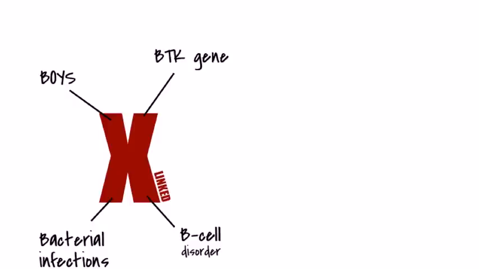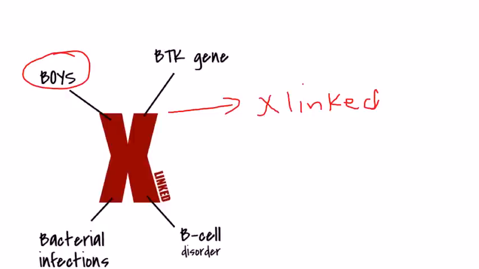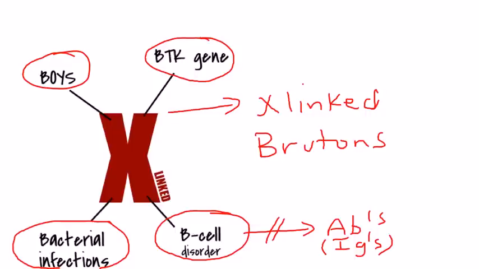In the middle, as you can see, you've got this big X, and this big X is referring to the fact that it's X-linked. It's found on the X chromosome. It only happens in male infants. Why does it happen? Well, it happens because there's a mutation in the gene on the X chromosome.